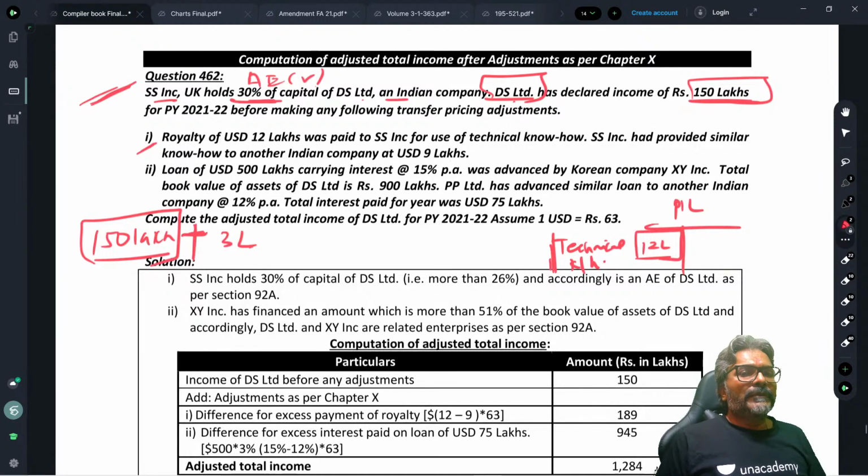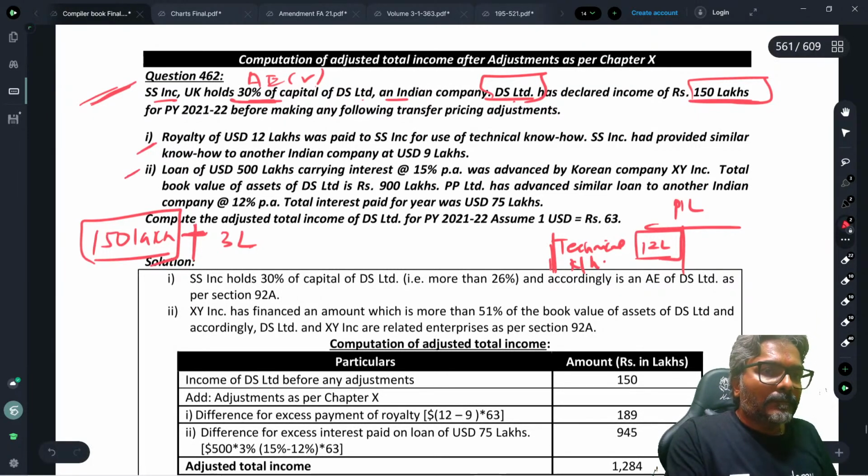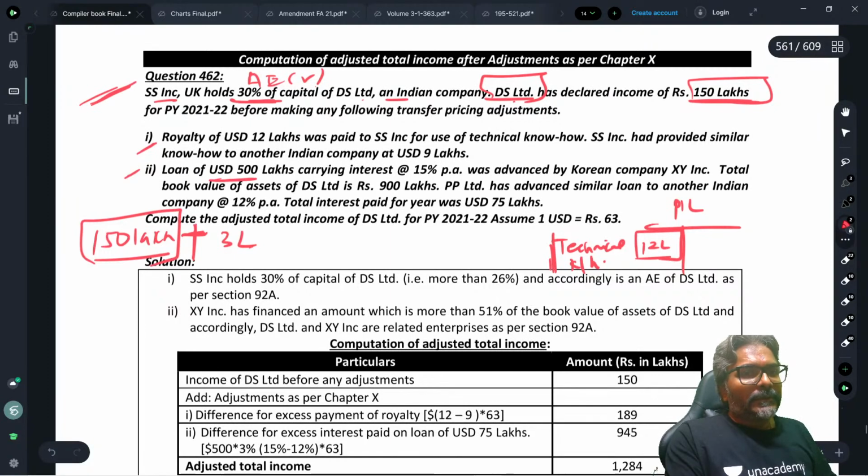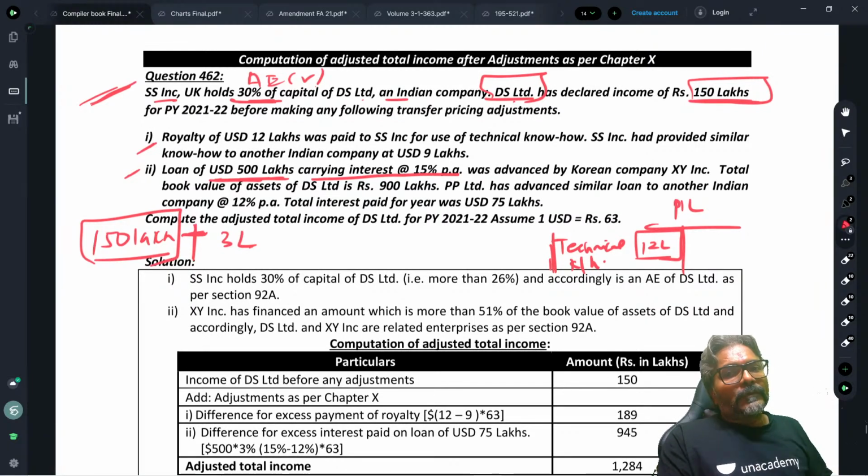Now students, here if you see it very carefully, please have a look. The loan of US dollar 500 lakhs carrying interest at 15% per annum was advanced by the Korean company XYZ Inc. Fine.